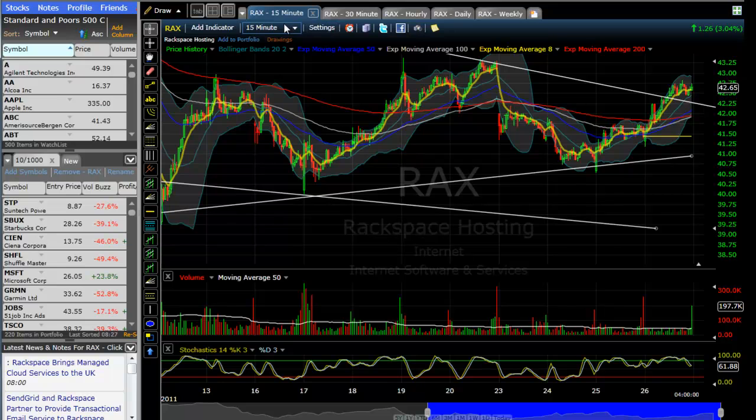Now, one of the things I've been following that Kaneko has brought up is very good, that when we cross the 50 EMA, he uses the 200 EMA, but I like to change that because I'm trading on a shorter time frame. When the 8 EMA moves up through the 50 EMA like it did here, that's a good entry point, an indication of a second entry point, and a good indication of further momentum to keep us in the trade.